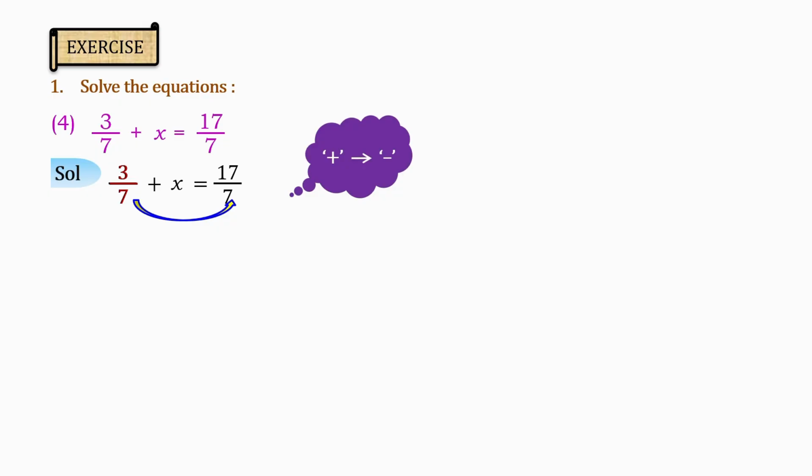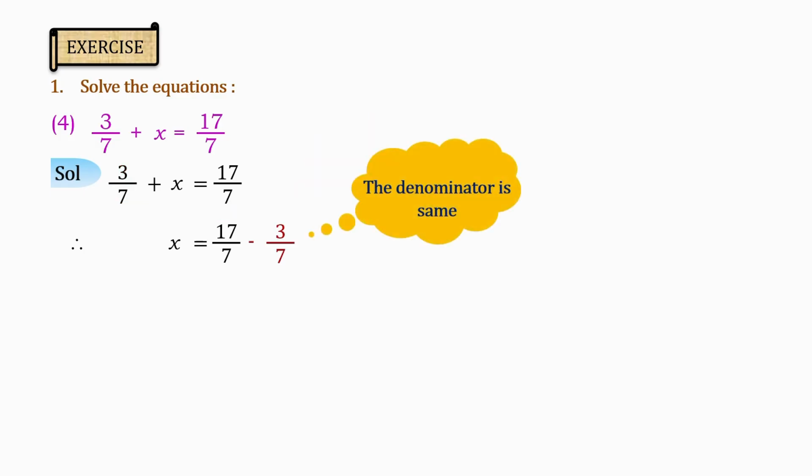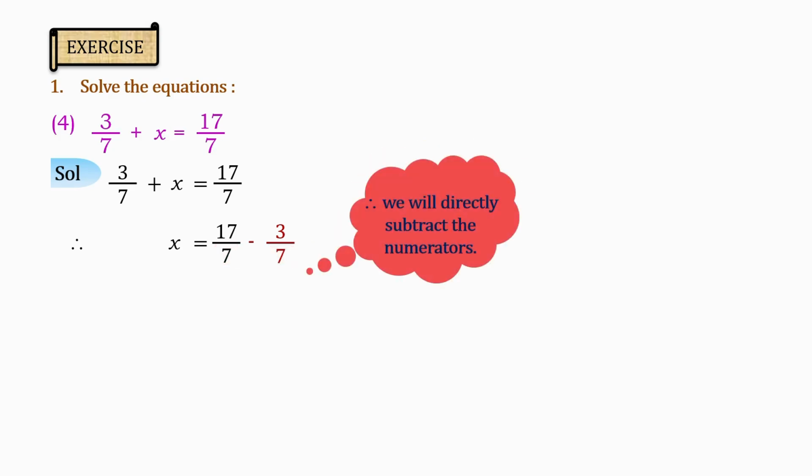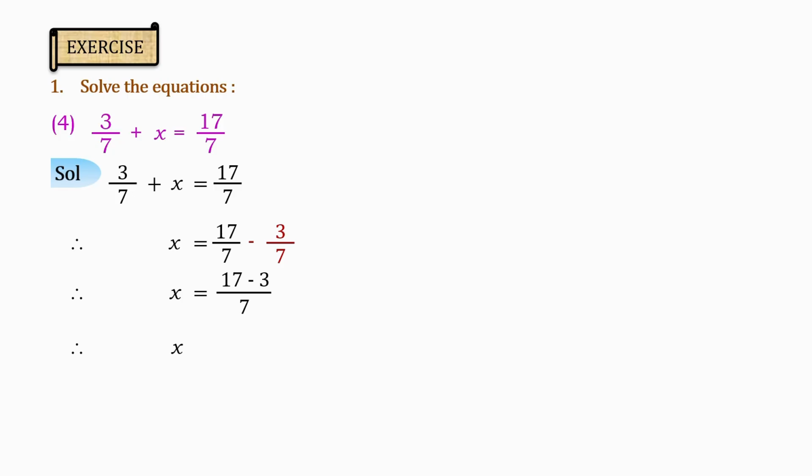So plus becomes minus, because before 3 by 7 there is no sign, so that means it is plus. So x equal to 17 by 7 minus 3 by 7. In this case, the denominator is the same, so we will just subtract the numerators directly. So 17 minus 3 by 7, which comes to 14 by 7, that is 2.